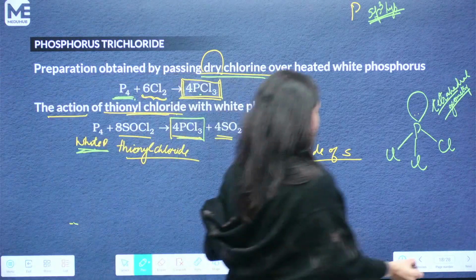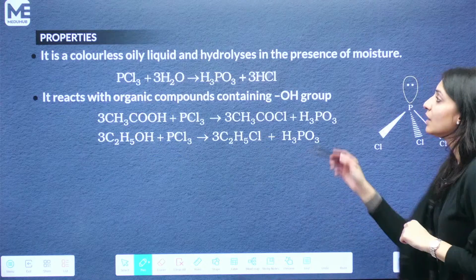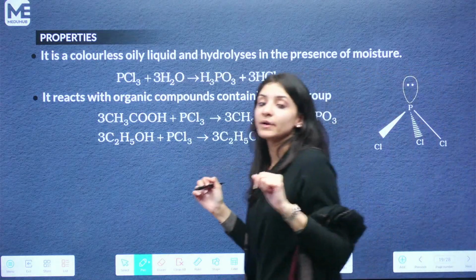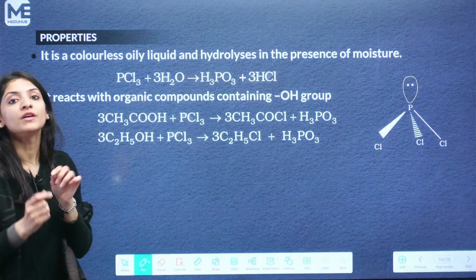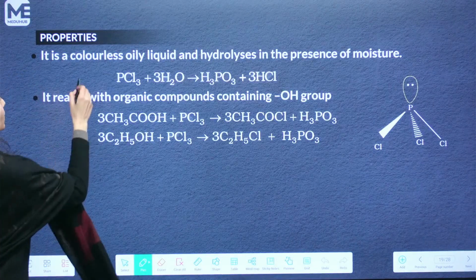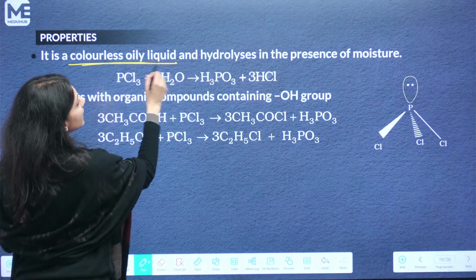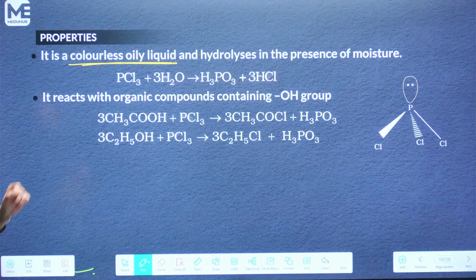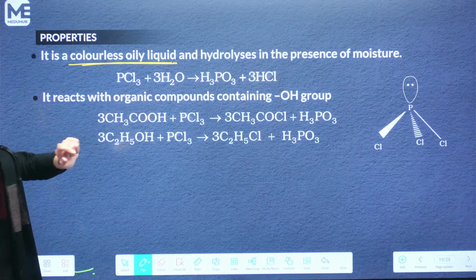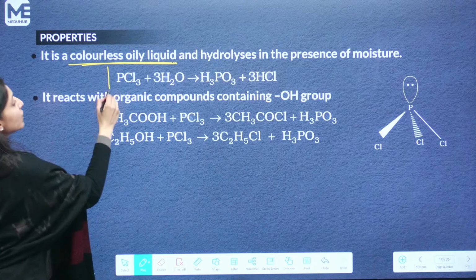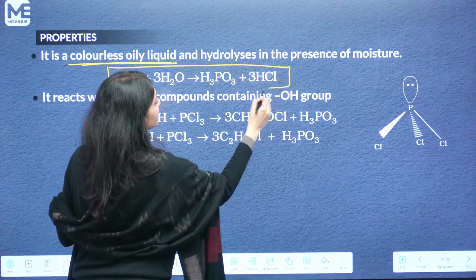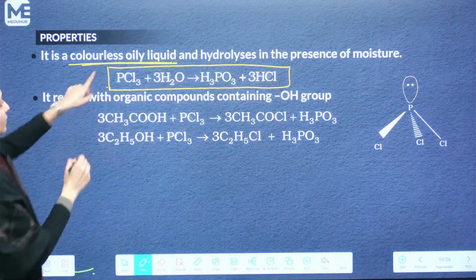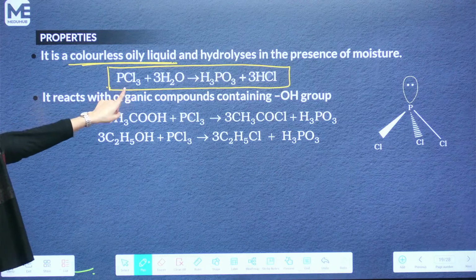Coming to the properties, it is a colorless oily liquid. PCl5 is a yellow-white powder. This is a liquid, colorless oily liquid. Now just like we spoke about, it hydrolyzes in the presence of moisture. So what are the products of hydrolysis of PCl3? This is also an important question, it sometimes comes up.